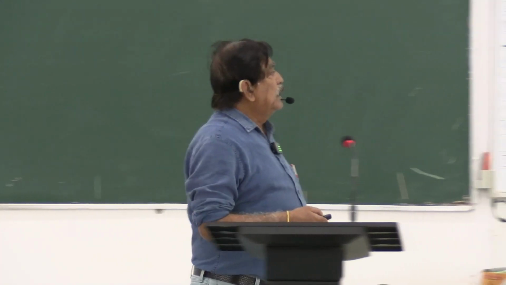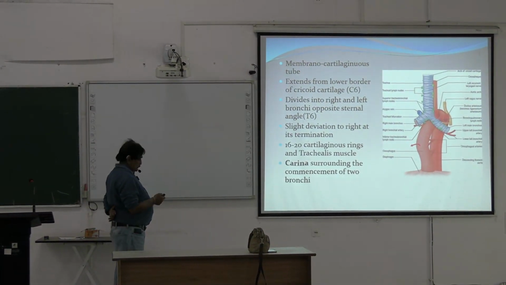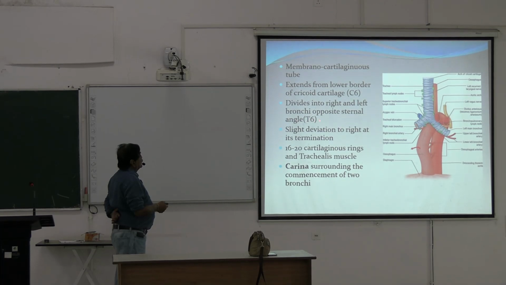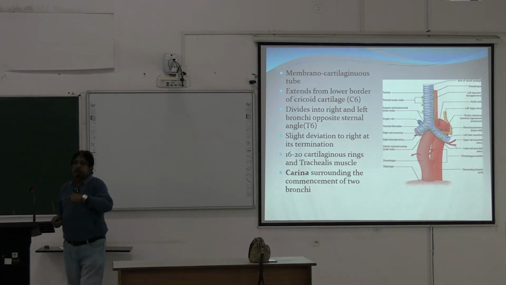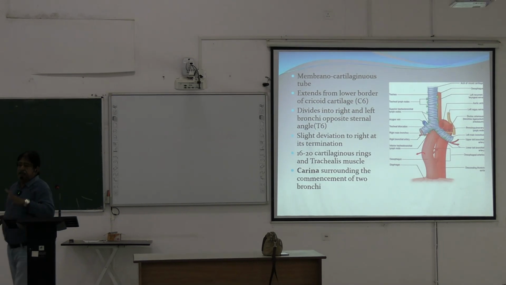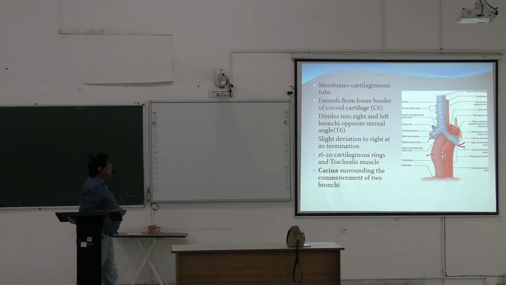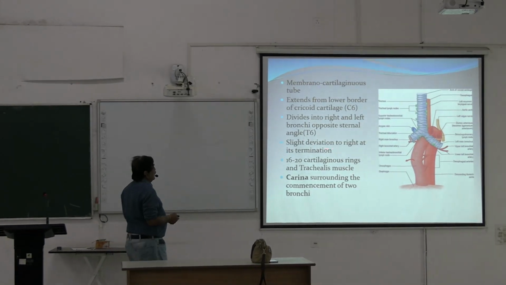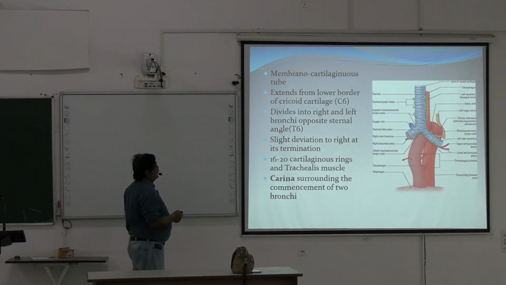The upper level is cervical 6, and it divides into right and left bronchi opposite the sternal angle at the thoracic level. C6 to T6. This is the extent of the trachea, and then it divides into right and left bronchi opposite the sternal angle.